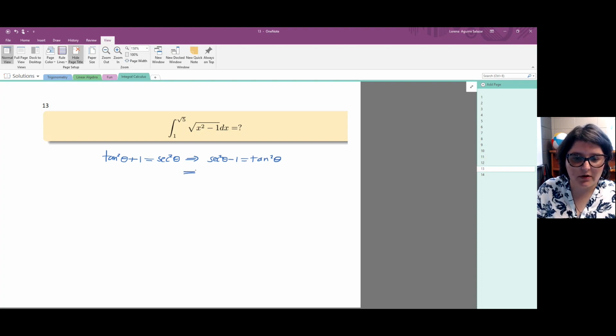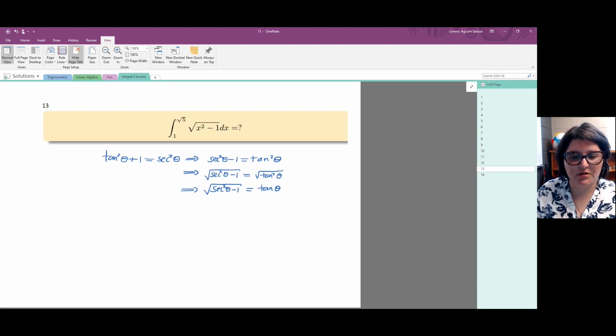Then when we take the root of the left-hand side, we find the root of secant squared of theta minus 1 equals the root of tangent squared of theta. And if we're thinking of tangent that is not negative, then the root of secant squared of theta minus 1 equals tangent of theta.